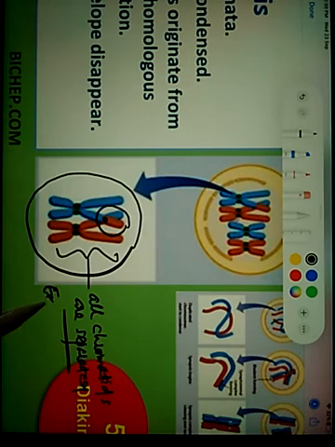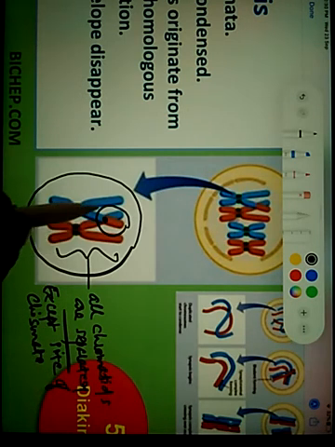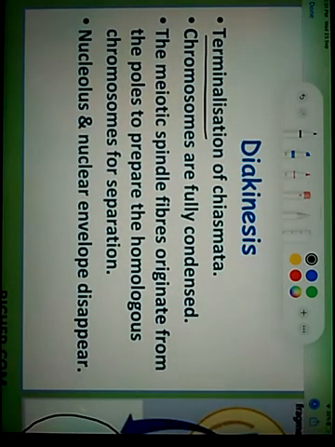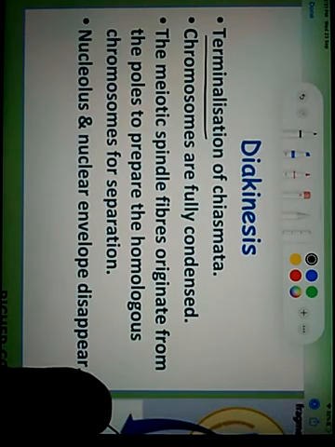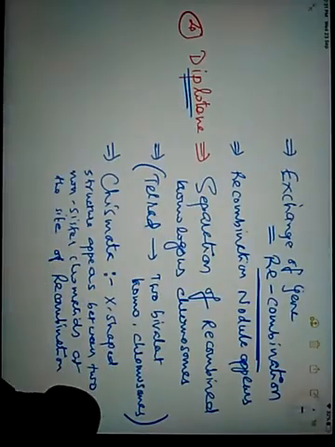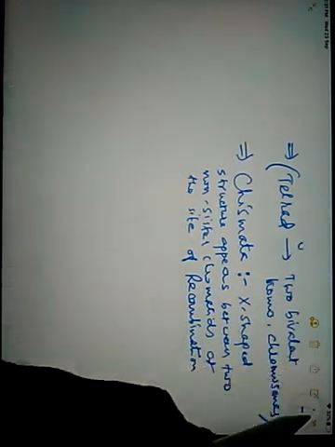Except the site of chiasmata, and that is why it is called terminalization of the chiasmata. This phenomenon is known as terminalization of chiasmata. So that's the speciality of diakinesis, the fifth phase.